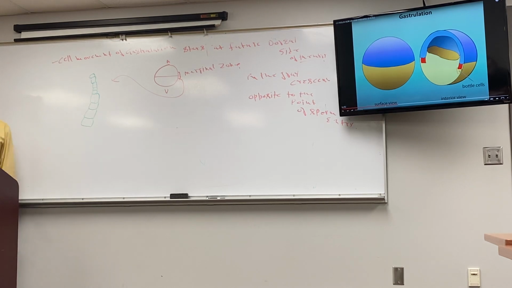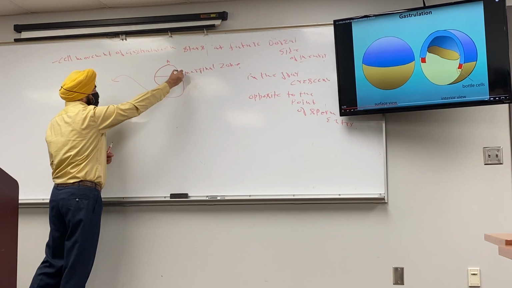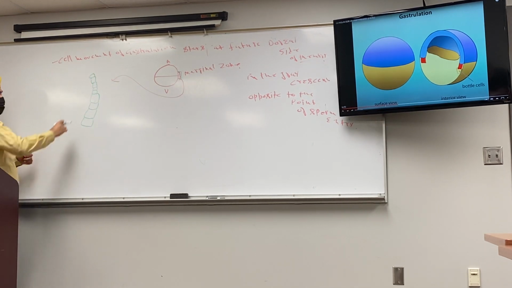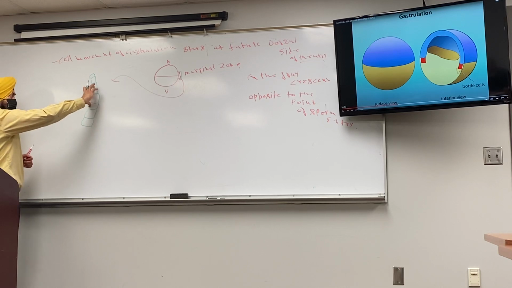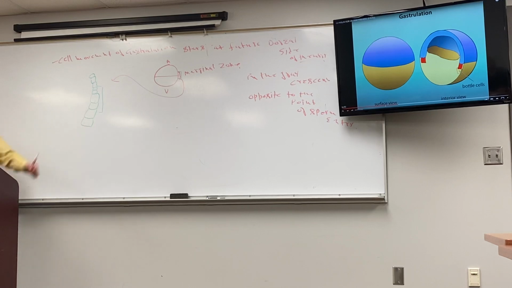So these are the cells at the marginal zone, right here. This is the area.